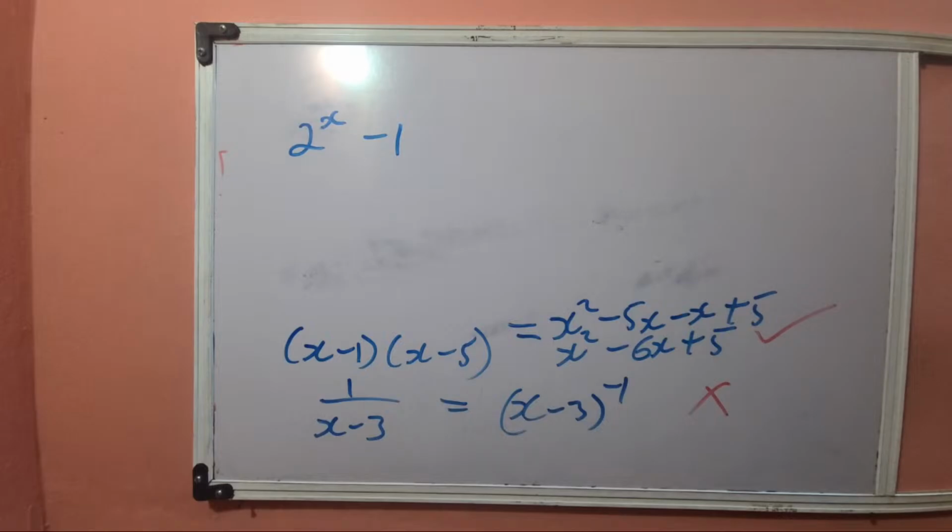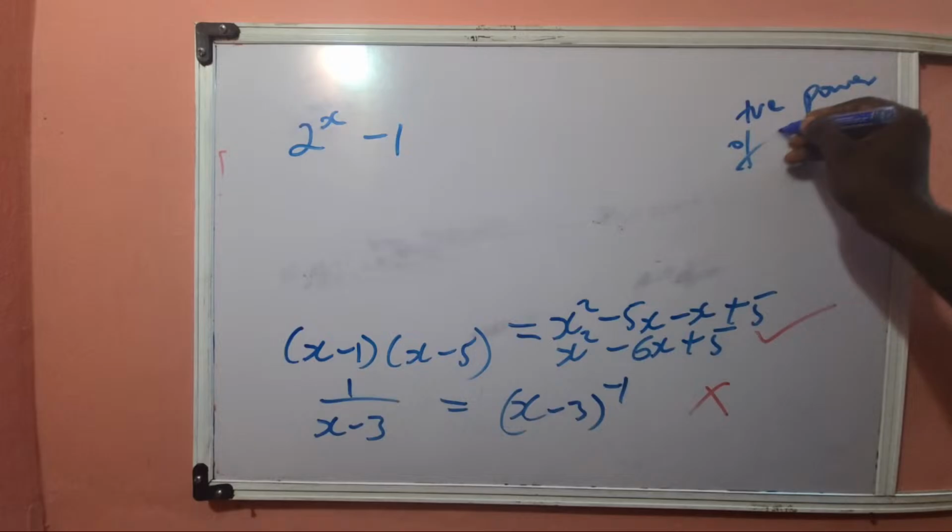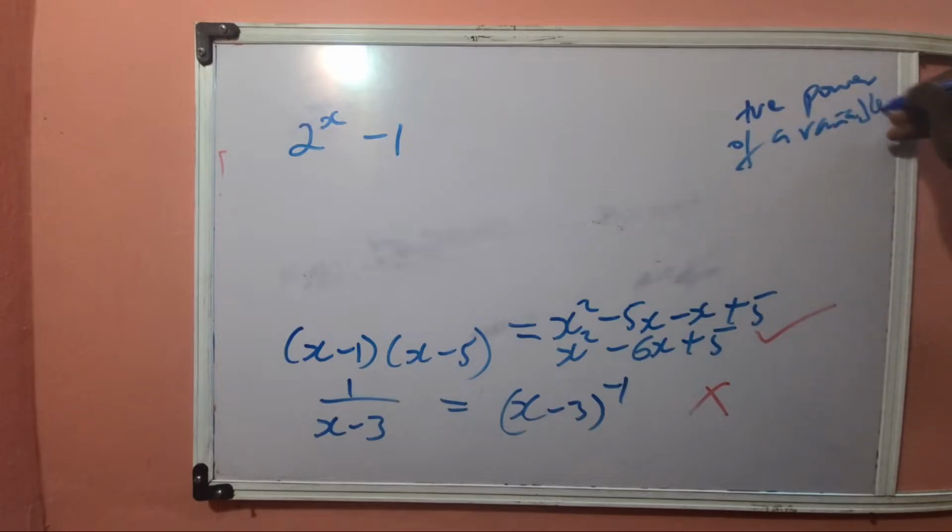Let's examine this. What was our definition? We said it's the sum of separate terms of positive power of a variable. Pay attention to that definition. When you look at this, where is the positive power of the variable?